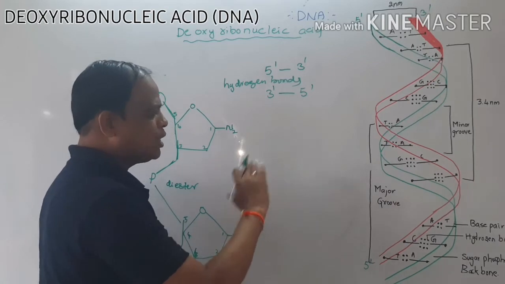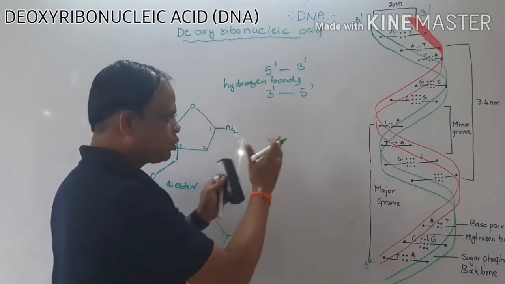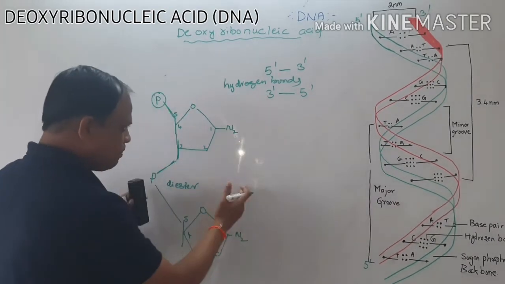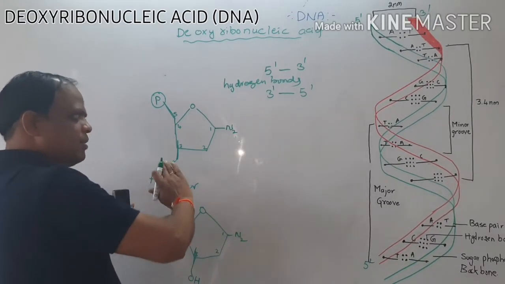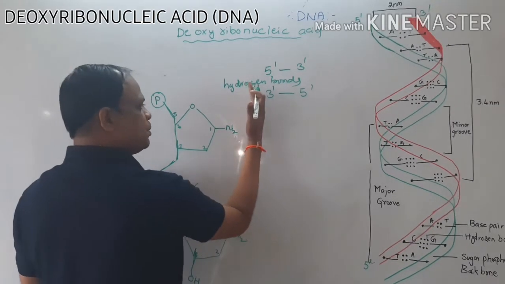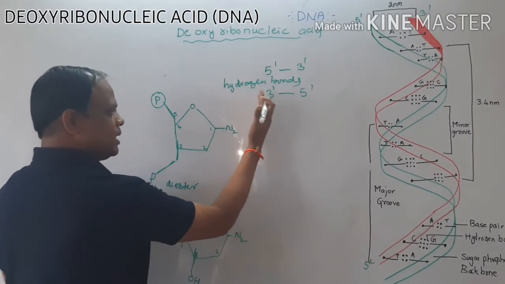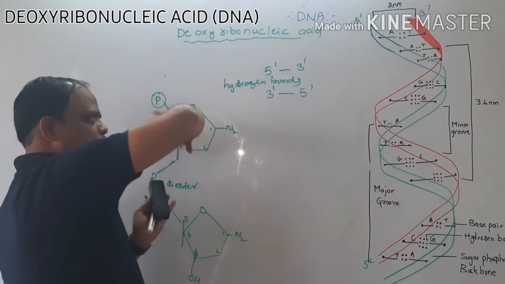So how are the nucleotides bound with the two strands? For example, one nucleotide looks like a mirror vision. When we put a mirror at this place, then it looks like a tornado shape.